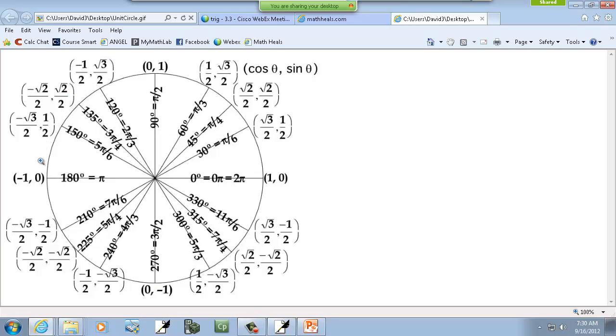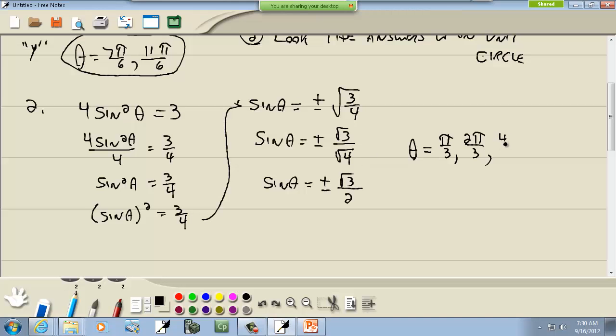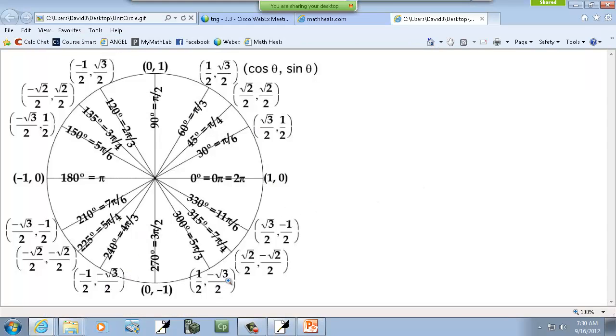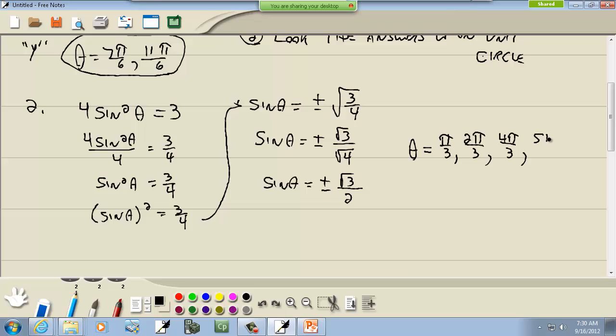Coming down to here, here's a negative square root of 3 over 2, so 4 pi over 3. And I keep going, and here's our last one, 5 pi over 3. So those would be our 4 answers.